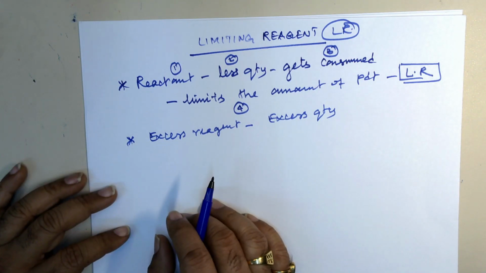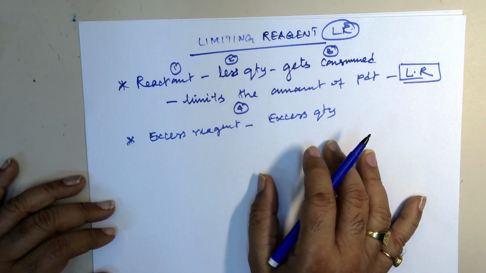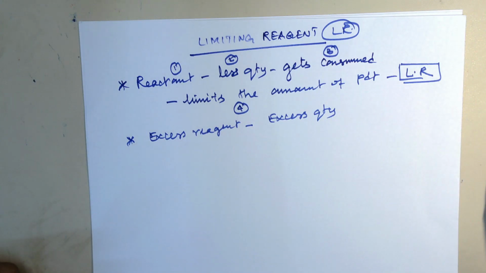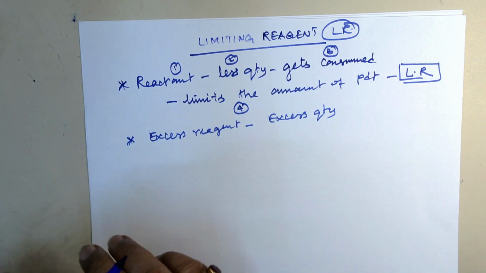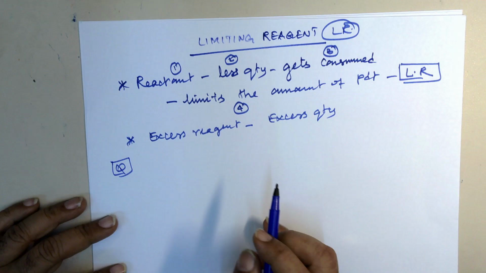Let us discuss the limiting reagent and excess reagent in stoichiometric calculations. Let us take an example, and based on that you will be able to understand this concept. Take down this question.